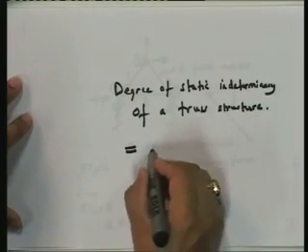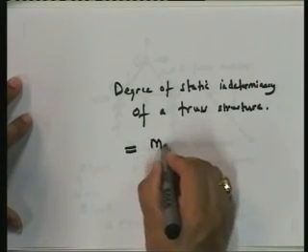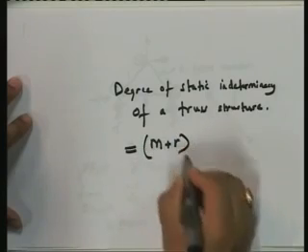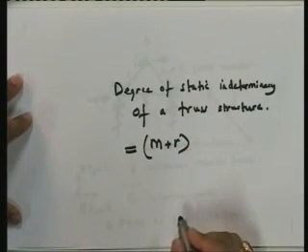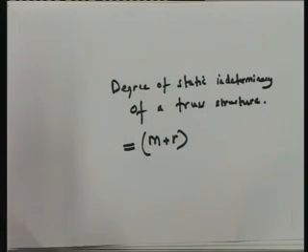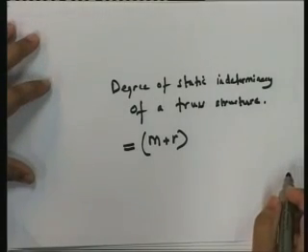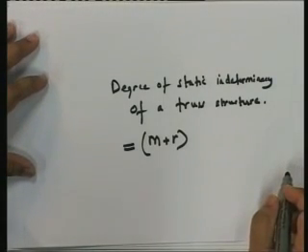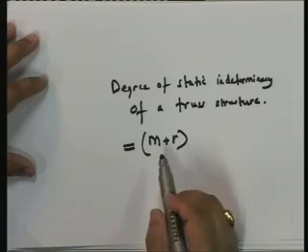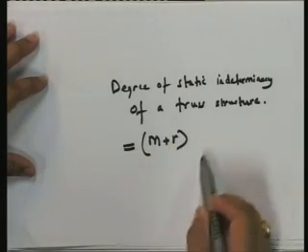is equal to m plus r. So, therefore, the degree of static indeterminacy of a truss structure is equal to m plus r.